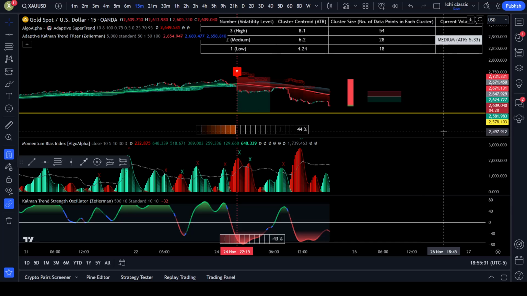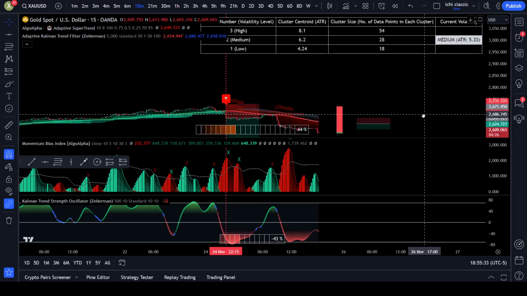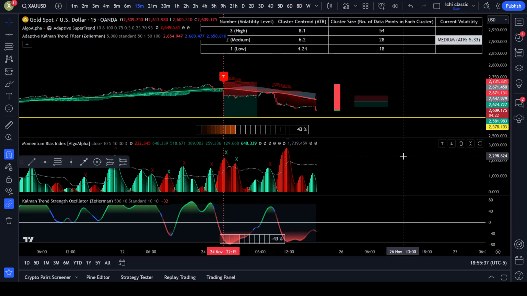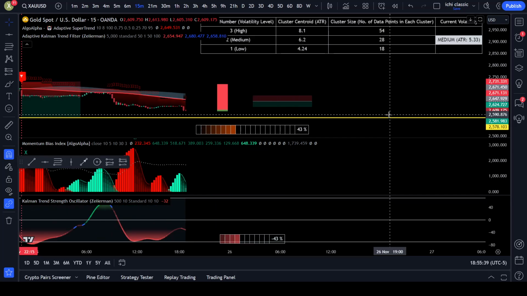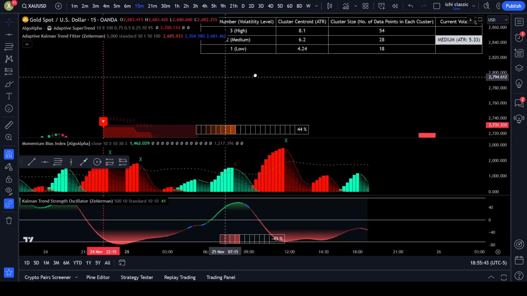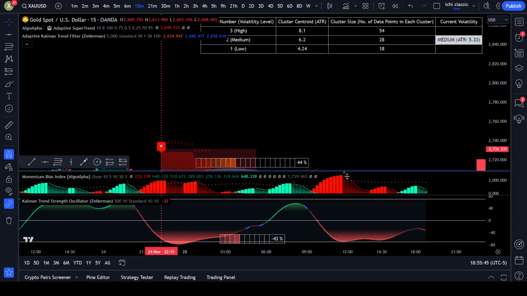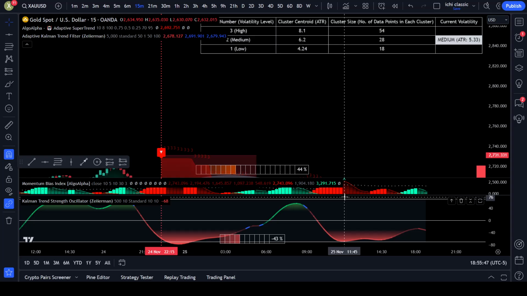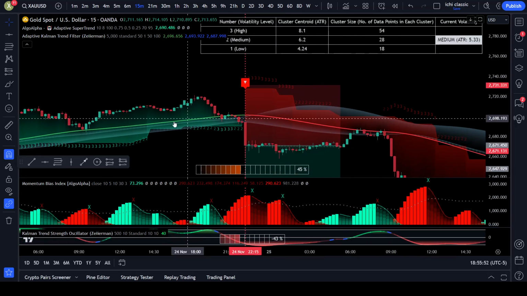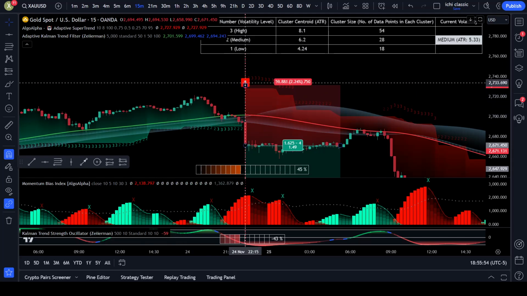So looking at 15 minutes, what did we have here? 15 minutes, the same thing. We had a sell signal. So let me drop this down and drop this down, and move this up. So was it a valid sell?